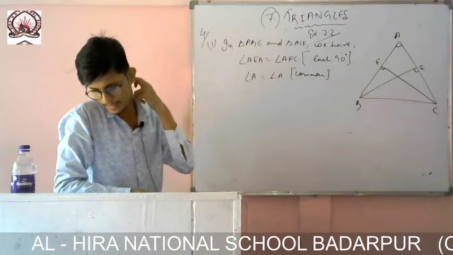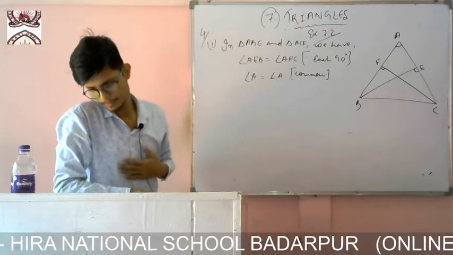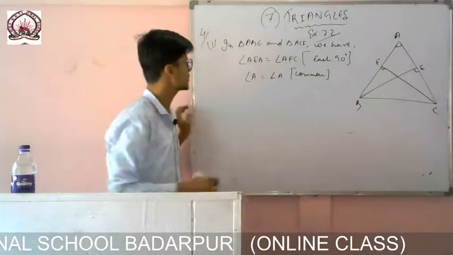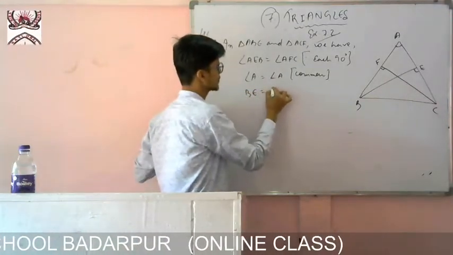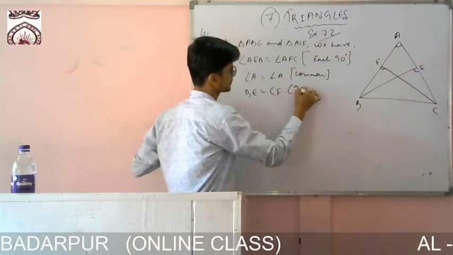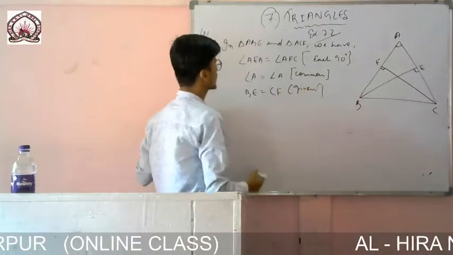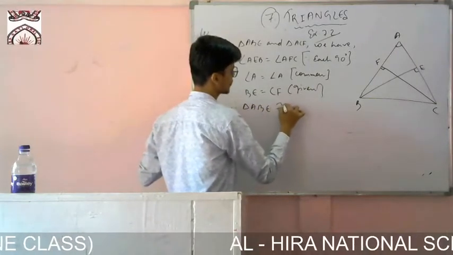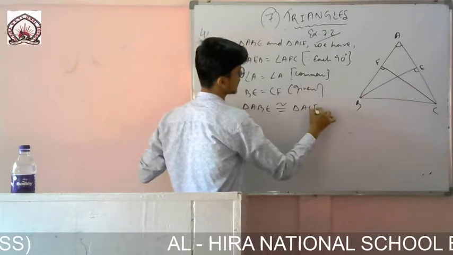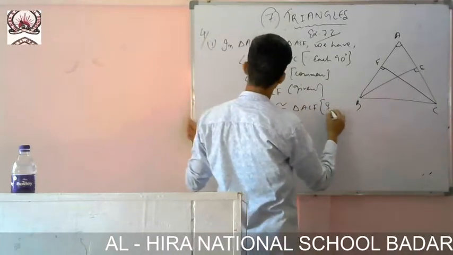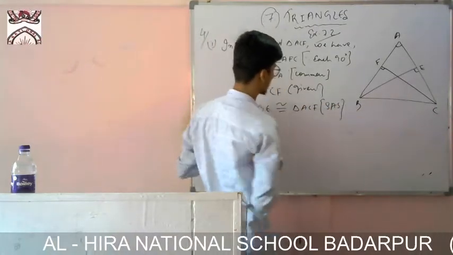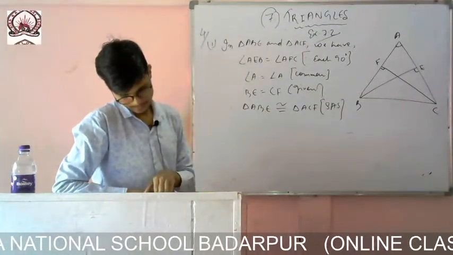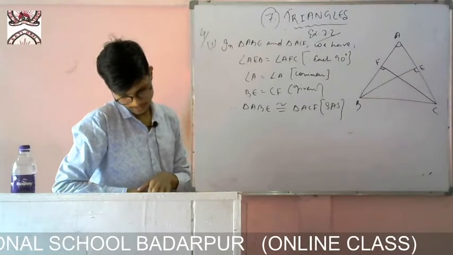Here it is given that the altitudes are equal, so BE is equal to CF given. So I can say that these two triangles are congruent, so triangle ABE is congruent to triangle ACF, and the postulate will be side angle side.